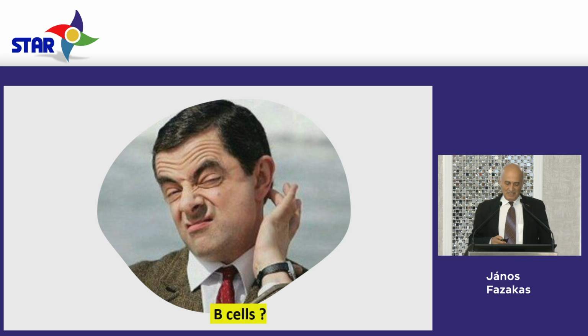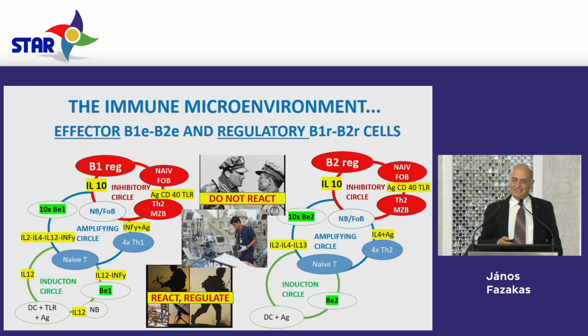Should we talk about the B cells? Well, I don't know, but it's more important to understand that the immune microenvironment defines what will happen, because we have effector B1, B2, regulator B1, B2, and we have an induction cycle where the plasmocytes will be B1 effectors, and they communicate with T lymphocytes, Th1, and there is an amplifying circle, and we have the inhibitory circle.